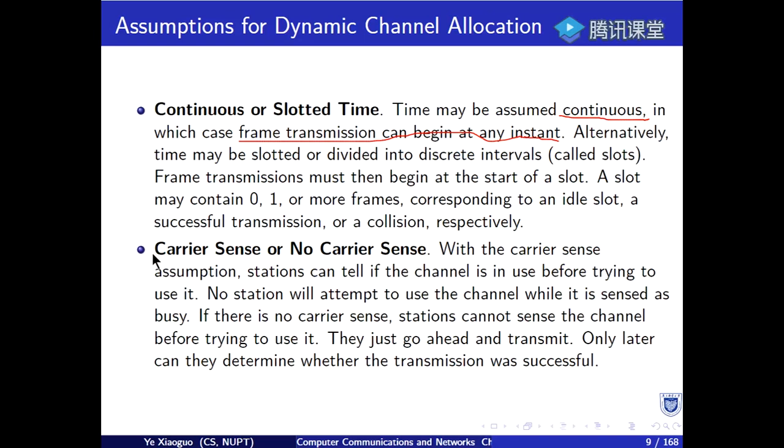So, carrier sense or no carrier sense. We know the carrier sense assumption helps to improve the efficiency of the channel. So carrier sense is better than no carrier sense.